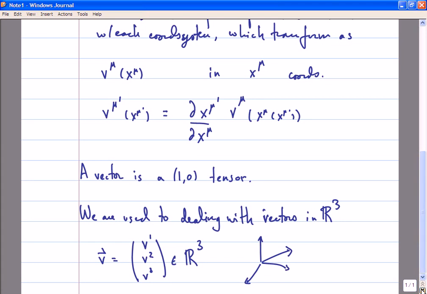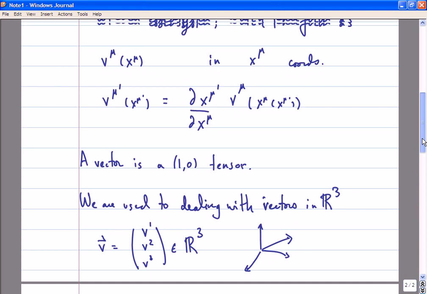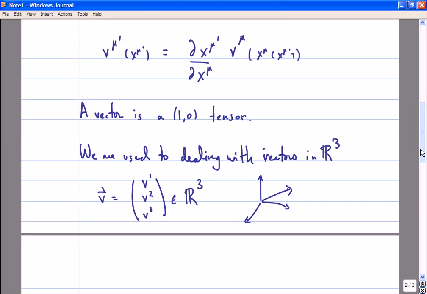And it's important here to distinguish between 2 different things. So when we write the symbol V with a hat on top of it, we're referring to a geometrical object that has some meaning independent of whatever coordinate system you use to describe that vector. Whereas when you write these 3 symbols here, V1, V2, and V3, you're really just writing the components of that vector in a particular coordinate system.